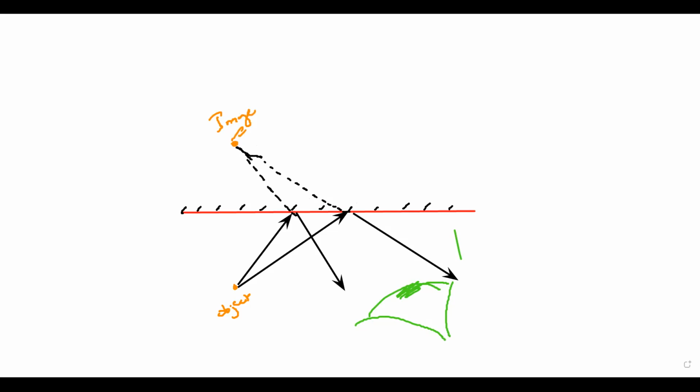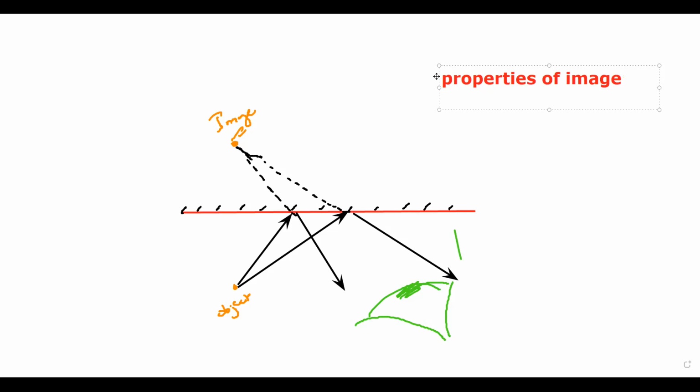And what are the characteristics, or the properties, of this image?